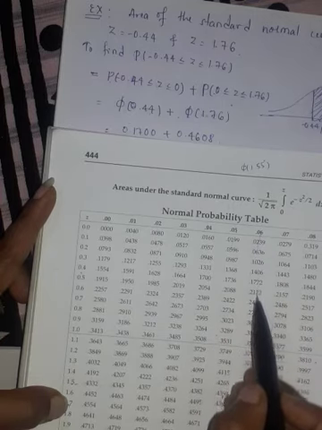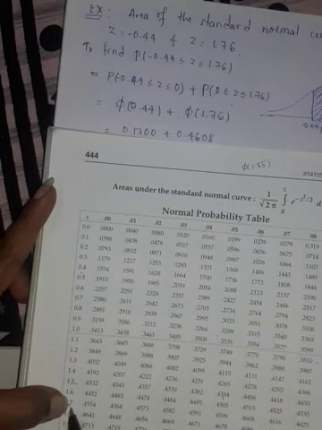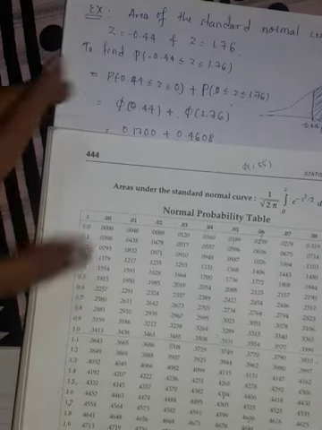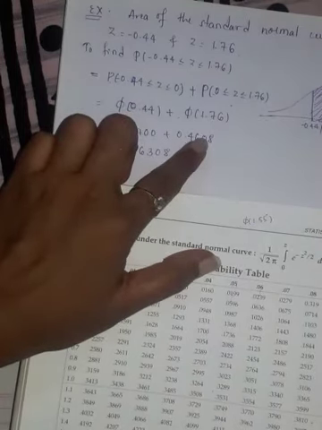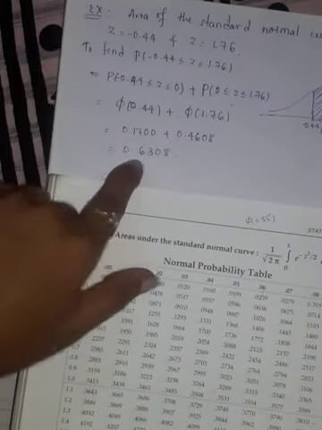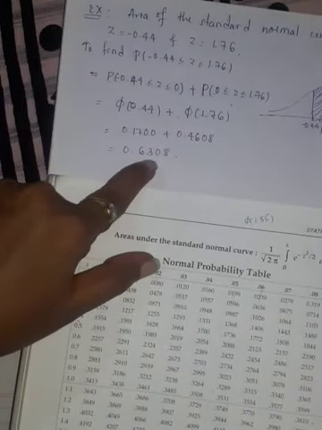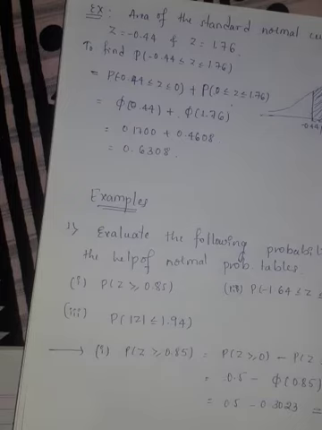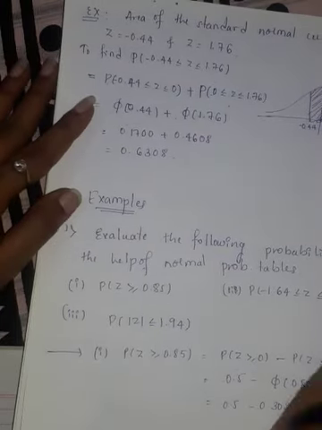So here to here, the value is 0.4608. Adding these two values, we get 0.6308. So this is our required area of the standard normal curve between z equal to minus 0.44 and 1.76.